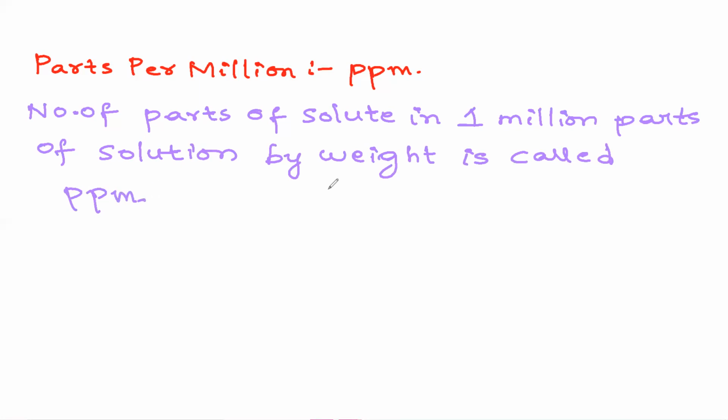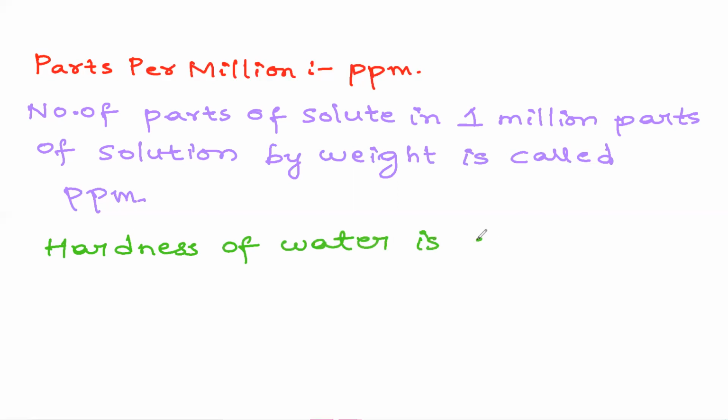Generally, hardness of water is expressed in parts per million. Example, hardness of water, because it is a very small amount, that is why hardness of water is expressed in parts per million.